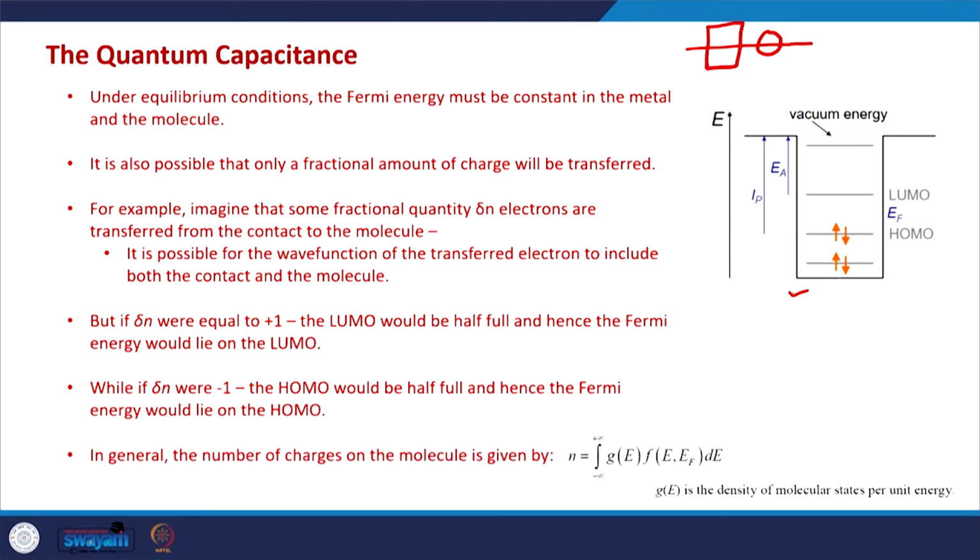In that case, at any point the number of electrons can be given as just the integration of the density of states times the Fermi function of the system. And in equilibrium, the Fermi function throughout the entire system will be the same. Before equilibrium it might be different, and that leads to the transfer of electrons across the system from the contact to the quantum dot or quantum dot to the contact.